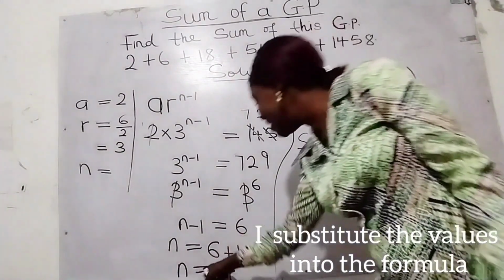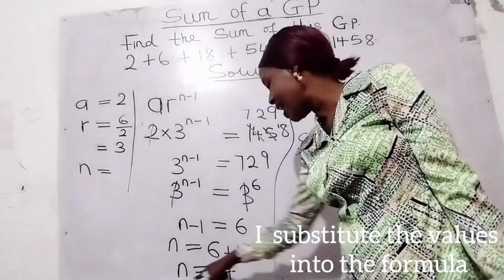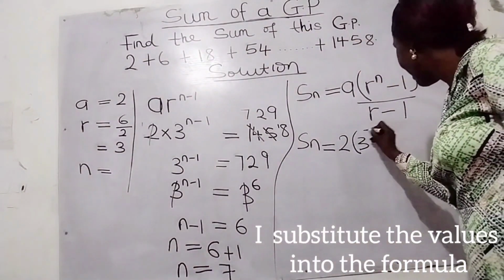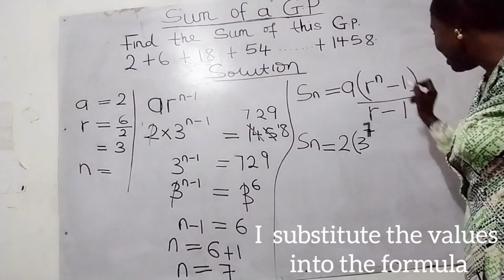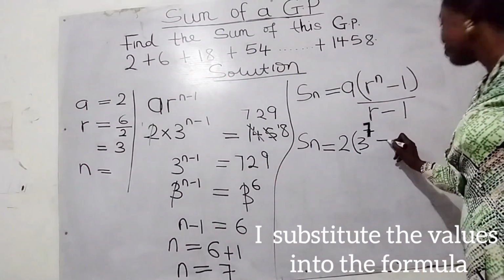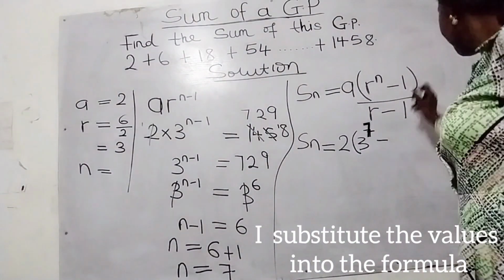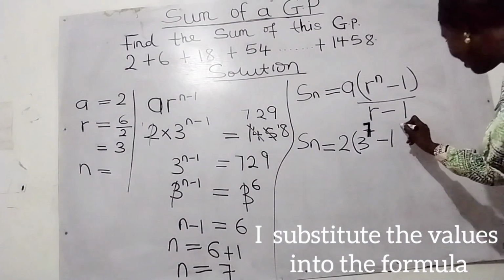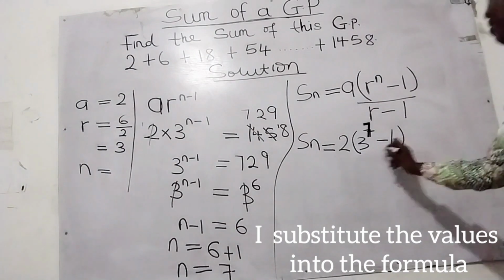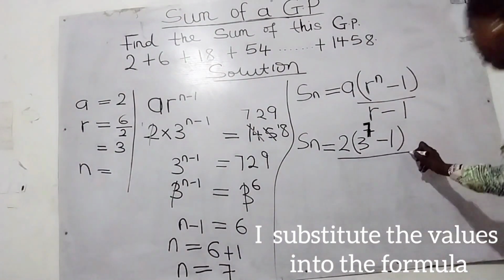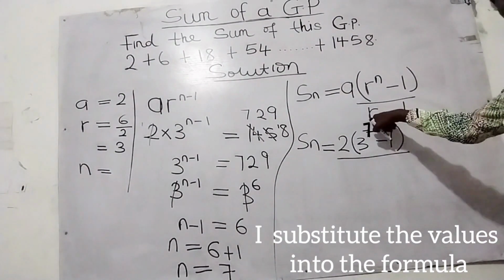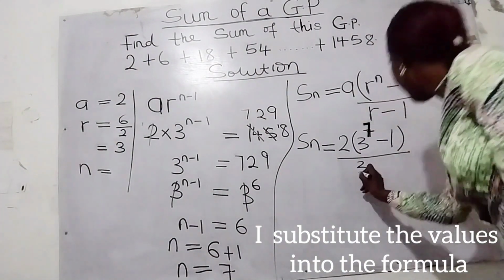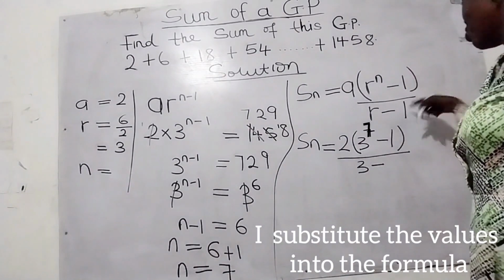Our n is 7. We obtained n as equal to 7. Put the minus. Put the 1 that is already in the formula. We close the bracket, all over r. Our r is 3, so we write 3 here. Minus this 1.